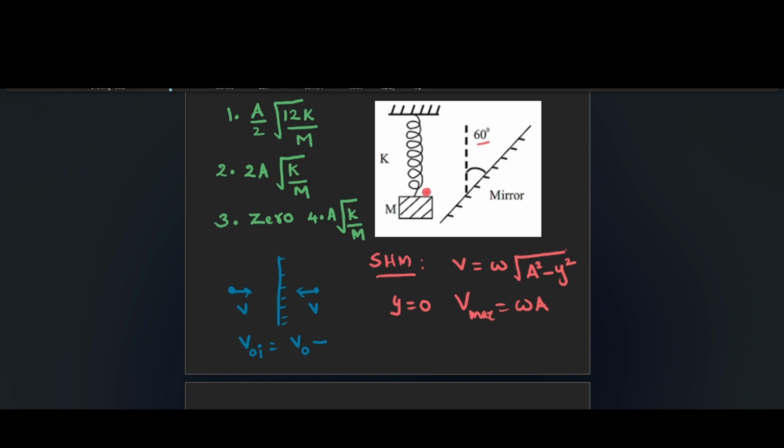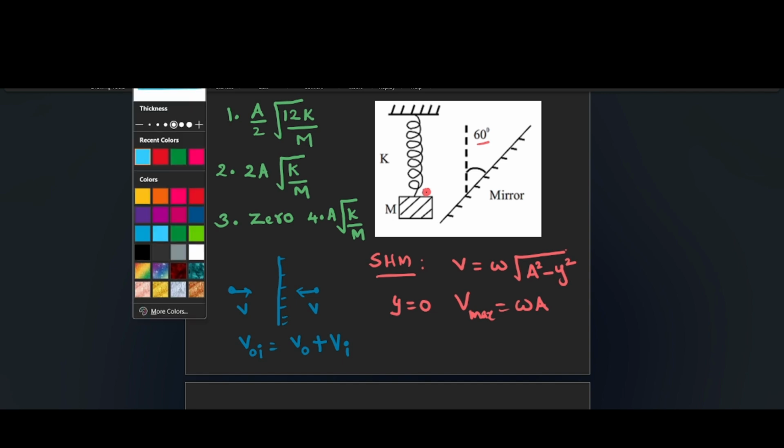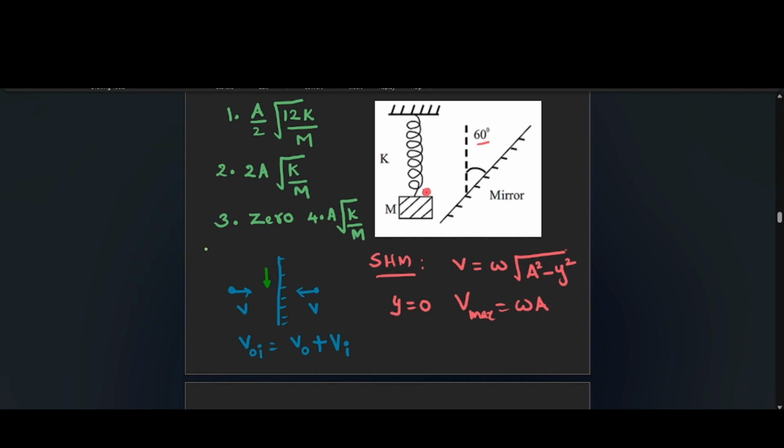Obviously the image velocity is opposite, so minus of minus, plus VI. And if the object is moving along the mirror, in the vertical or downward direction, there is no change in velocity; the speed will be the same. That you remember. This is the basic concept here.